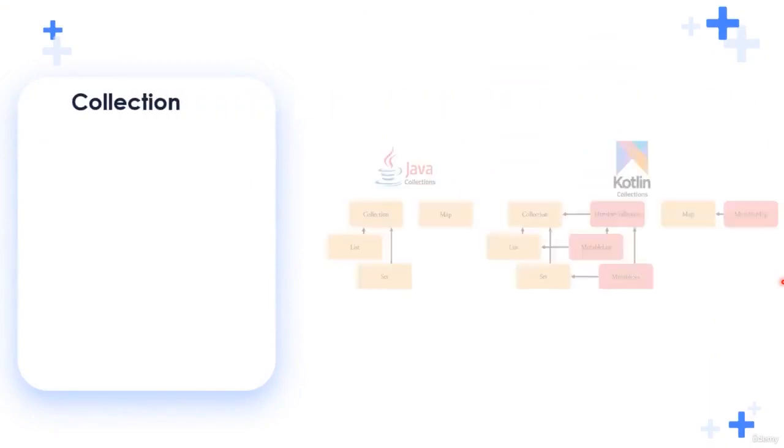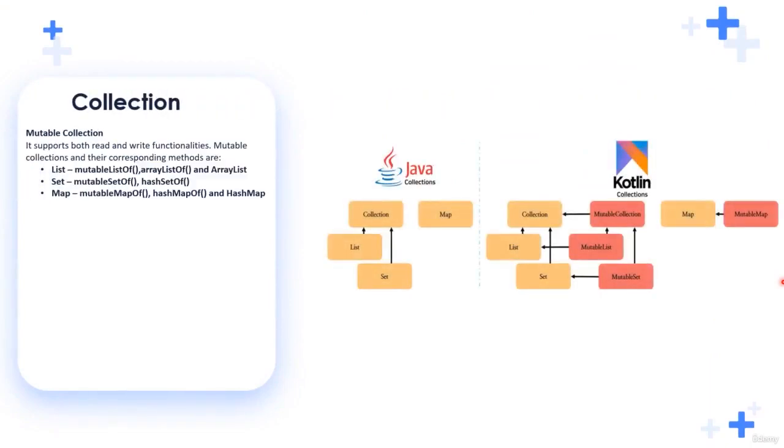Let's see the mutable collections. They support both read and write functionalities. Mutable collections and their corresponding methods are for list, set, and map.